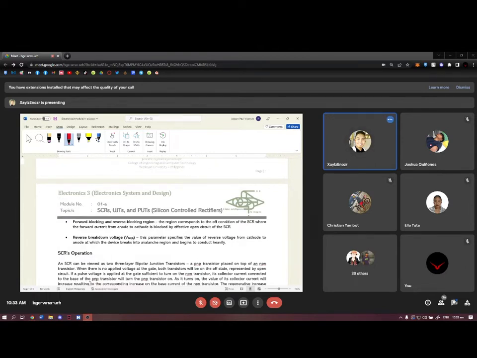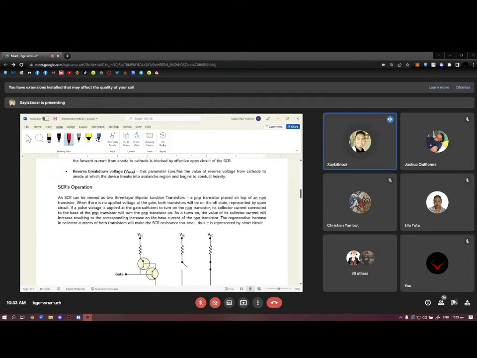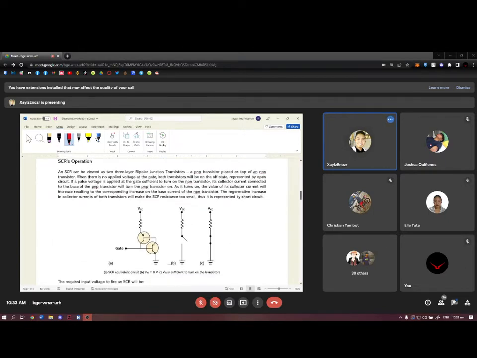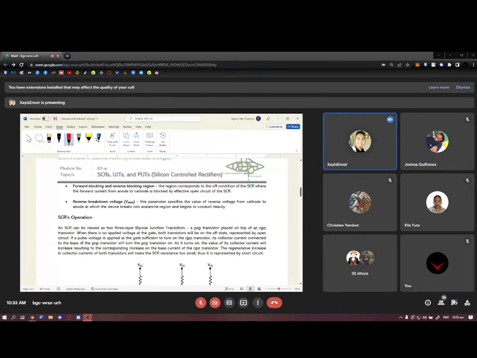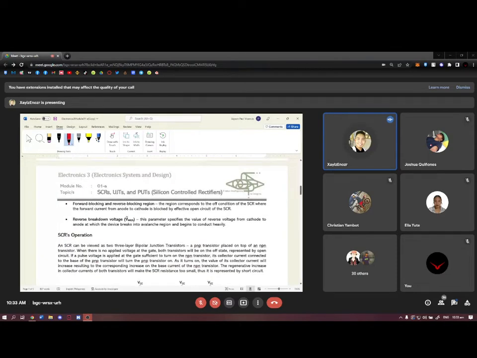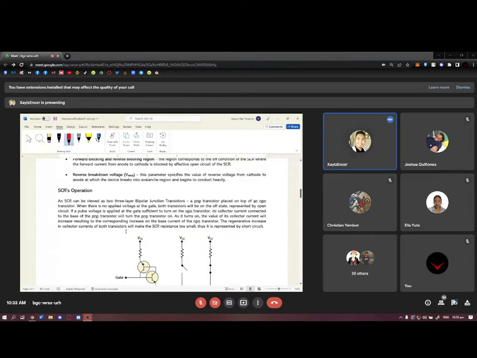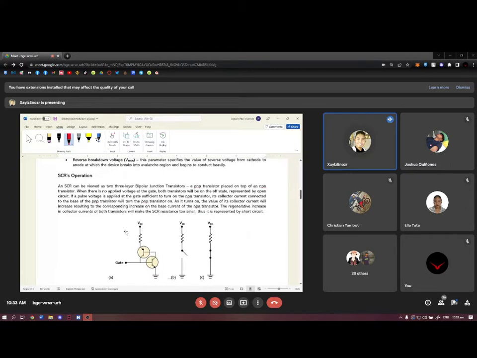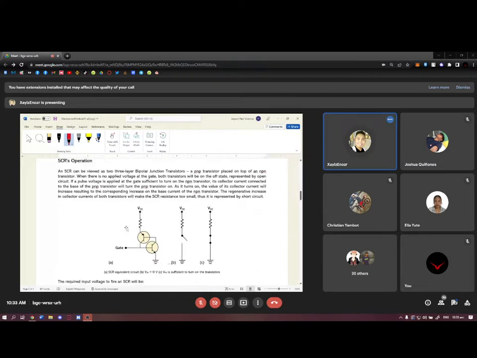Okay? So paano nga ba gumagana ang SCR? SCR can be viewed as a two-layer, three-layer bipolar junction transistor. Okay, isang PNP placed on top of an NPN transistor. So when there is no applied voltage at the gate, both transistors will be in the off state, represented by the open circuit.